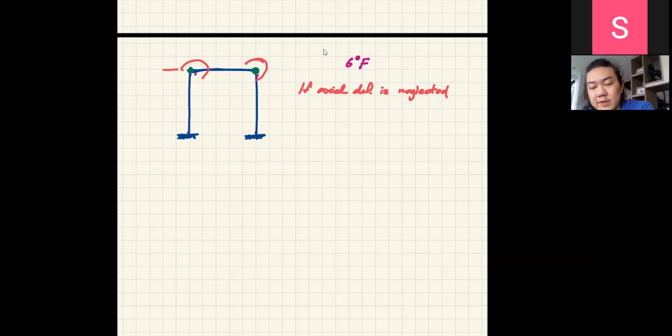So one horizontal displacement will be enough to identify the system. That means it comes down to 3 degrees of freedom if the axial deformation is neglected. Any question?